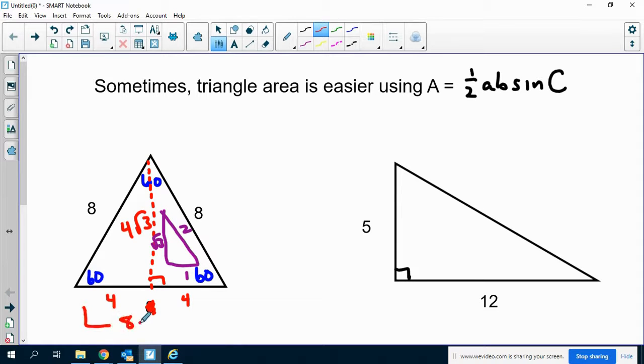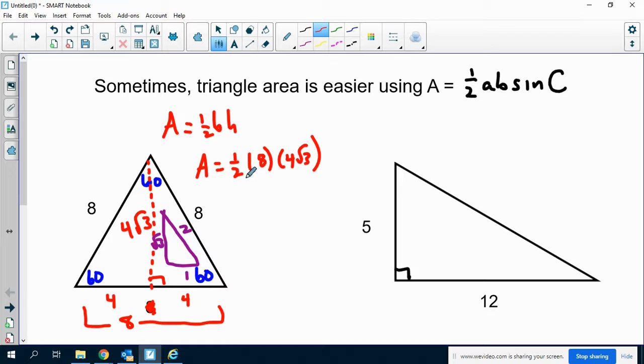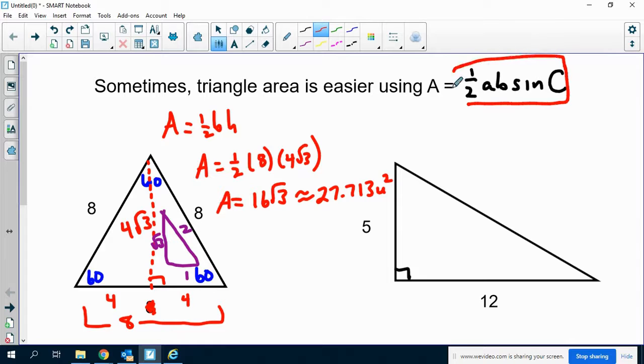So if I wanted to find the area of this triangle, I could do 1/2 base times height, just like we did in the previous video that Miss Sears did, and 1/2 times 8 times 4 root 3 would end up being 16 square root of 3. 16 times the square root of 3, and that's about 27.713 units squared.